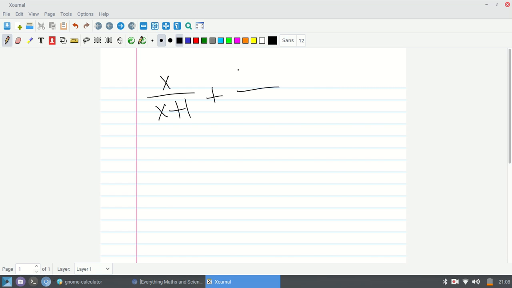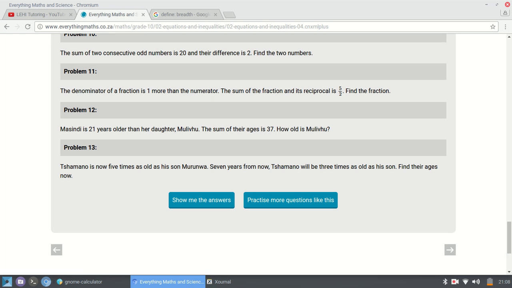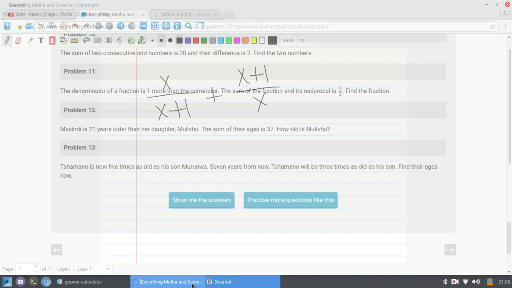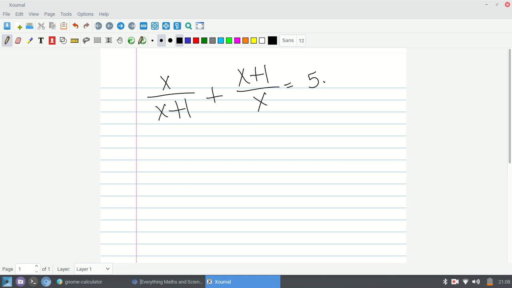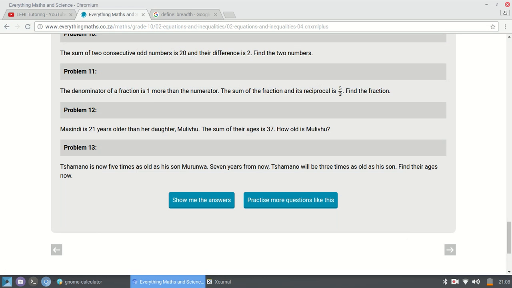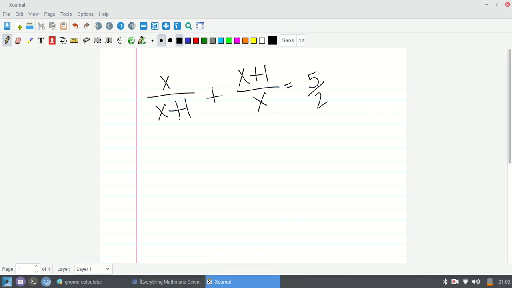The reciprocal is the flipped. And it says that the sum of the fraction and its reciprocal is equal to 5 over 2, right? So find the original fraction. So you got to find x over x plus 1. To do that, we got to find x first, right? Multiply both sides by the lowest common multiple, which is x times x plus 1.